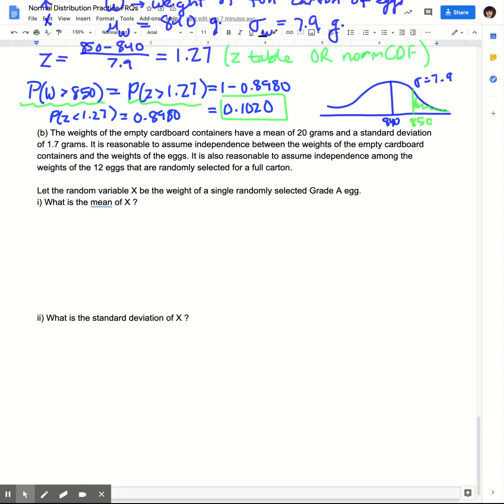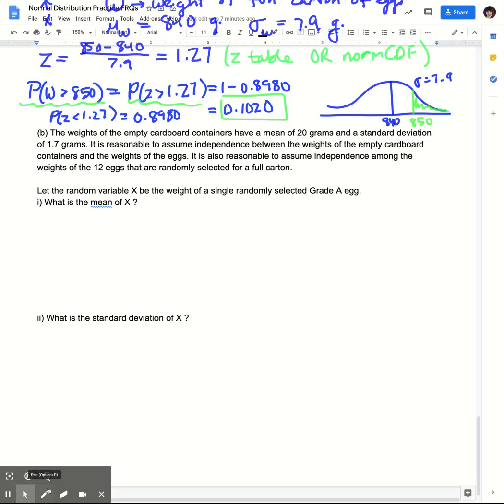One does not affect the other. It's also reasonable to assume independence among the weights of the 12 eggs, meaning the weight of one egg is not going to affect the weight of another egg.